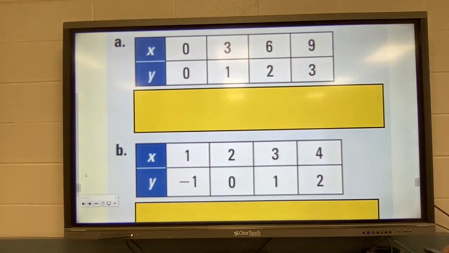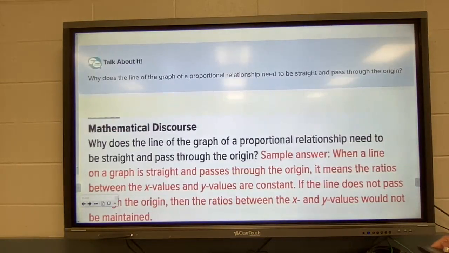All right, so why does the line of a graph of a proportional relationship need to be a straight line and pass through the origin? Okay, so when a line on a graph is straight, it passes through the origin. It means the ratios between the x and the y values are constant.